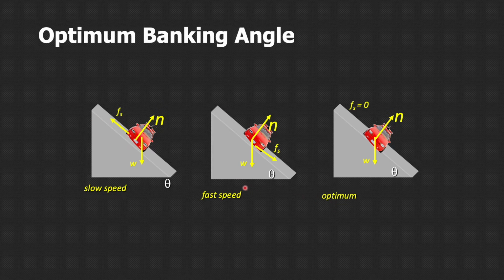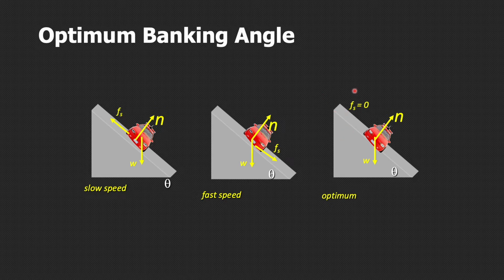While if the car is moving at a fast speed, the frictional force is directed this way. And lastly, if the optimum speed is reached, there will be zero frictional force. By banking a curve at the optimum angle, the normal force can provide the necessary centripetal force without the need of the frictional force.